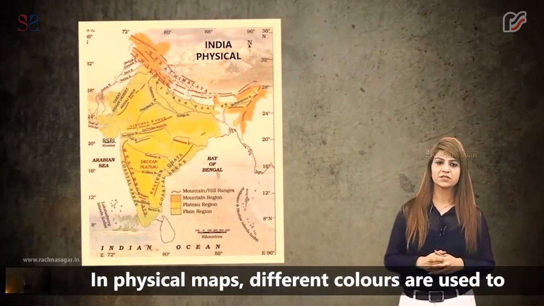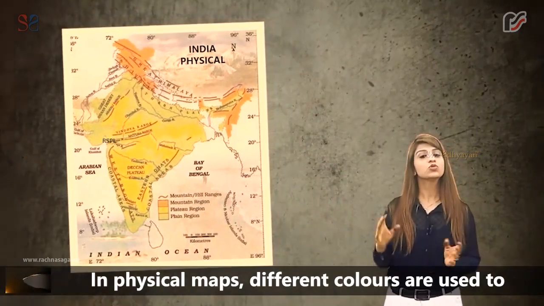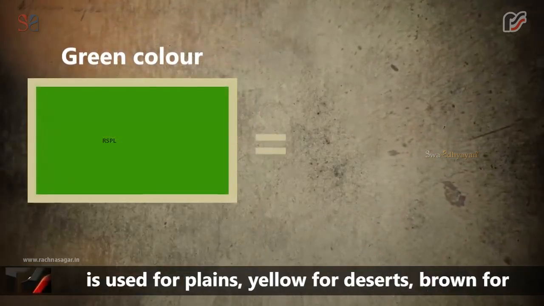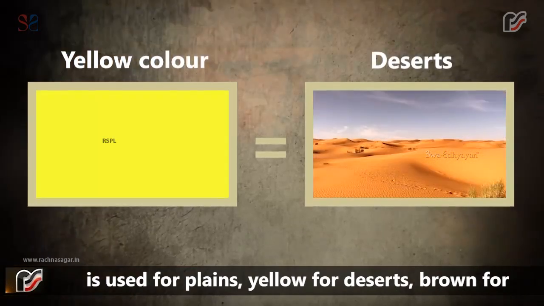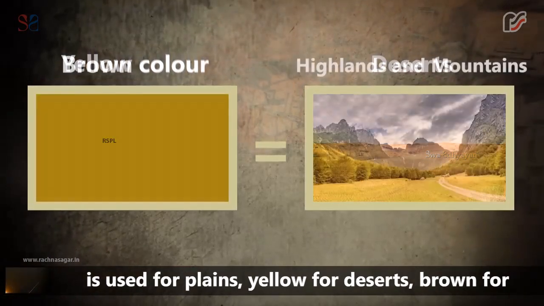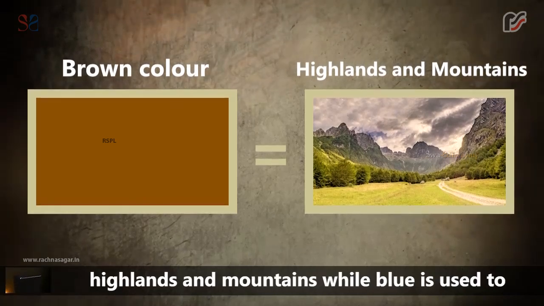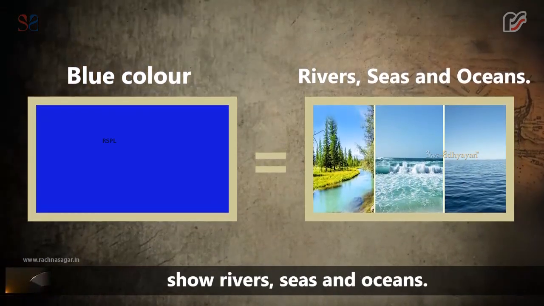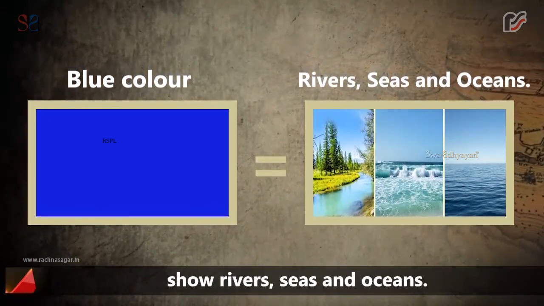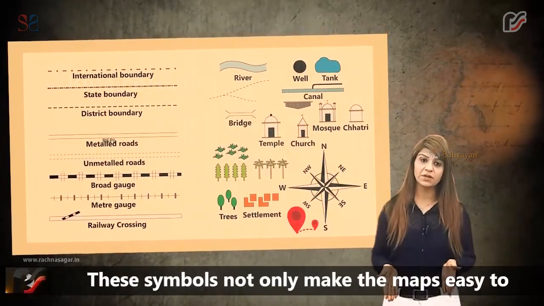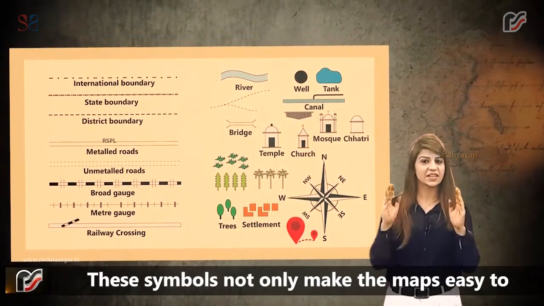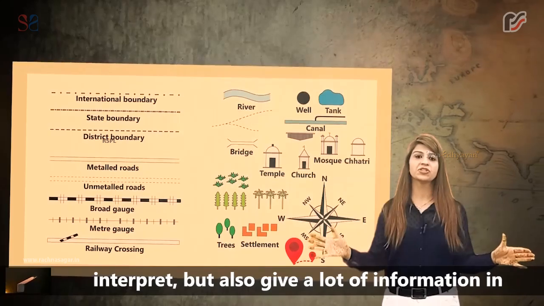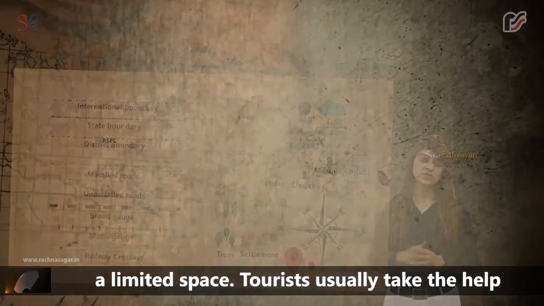In physical maps, different colors are used to show different physical features. Green color is used for plains, yellow for deserts, brown for highlands and mountains, while blue is used to show rivers, seas, and oceans. These symbols not only make the maps easy to interpret, but also give a lot of information in a limited space.